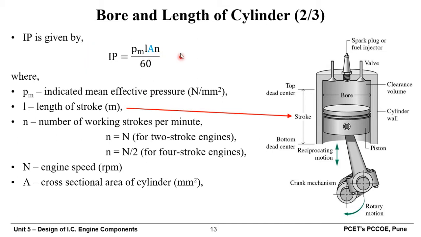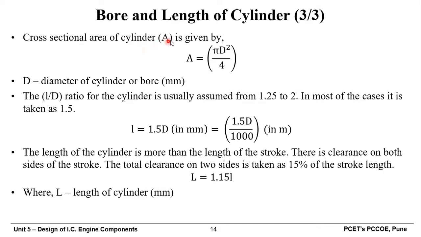So from this formula you can calculate area of the cylinder, or we can say cross sectional area of the cylinder. Then once you get the cross sectional area of the cylinder, you can calculate the bore or diameter of the cylinder by using this formula, A is equal to pi d square upon 4.